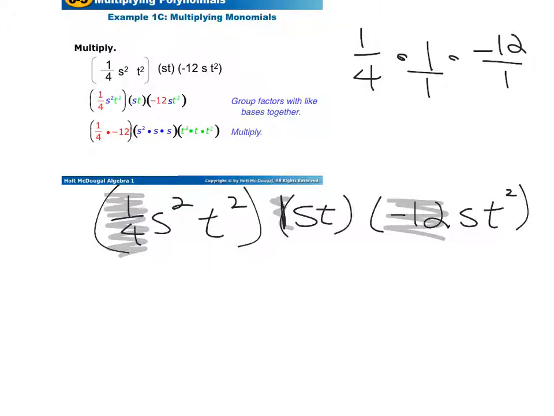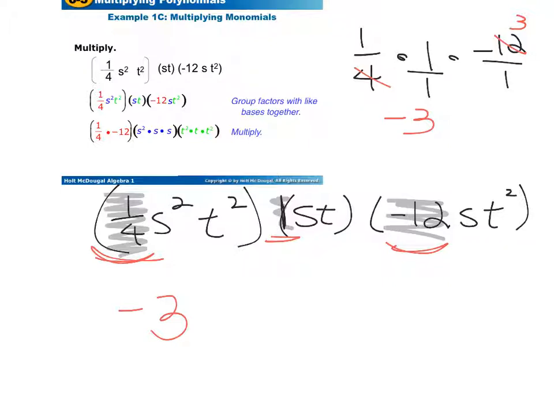I can actually simplify on the diagonals, and then I end up with -3. So for the coefficient part of my answer, I'm multiplying this and the assumed 1 that's there and get -3.